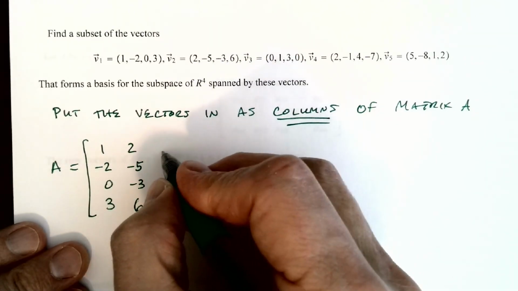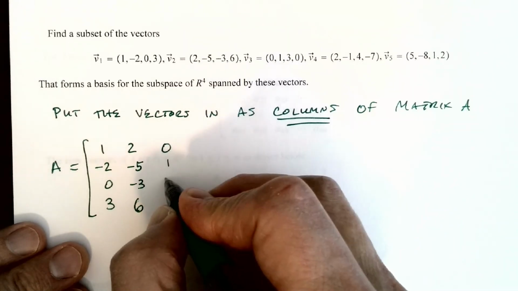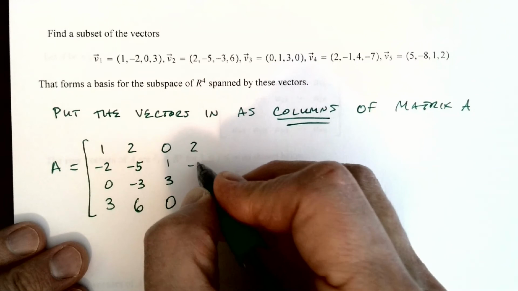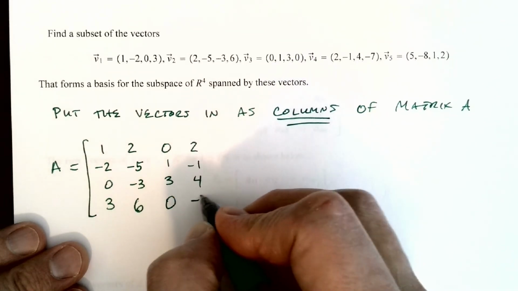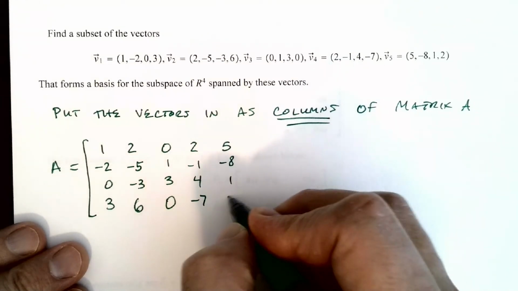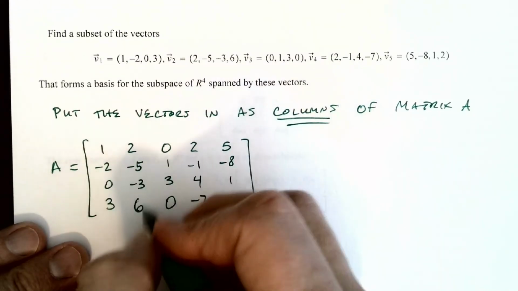And if you really think about the fact that matrix multiplication can be thought of as a linear combination of the columns of A, that's really all we're doing here. That's the idea that we're going to be using essentially. V1, V2, V3, V4, V5.